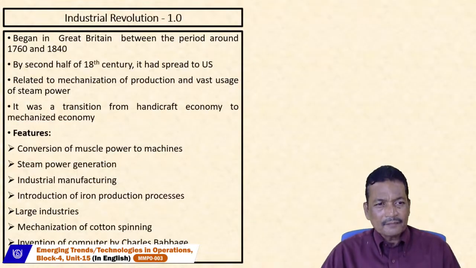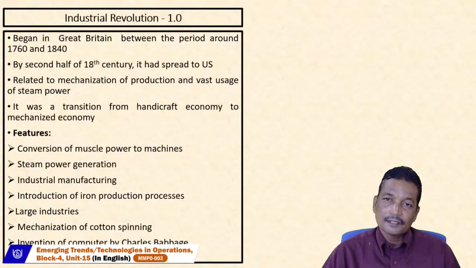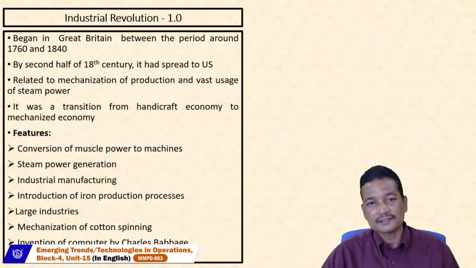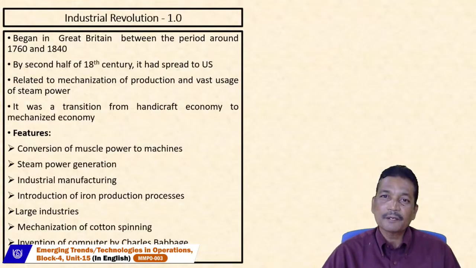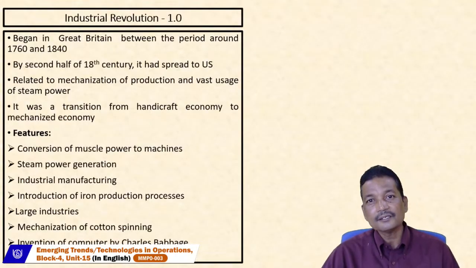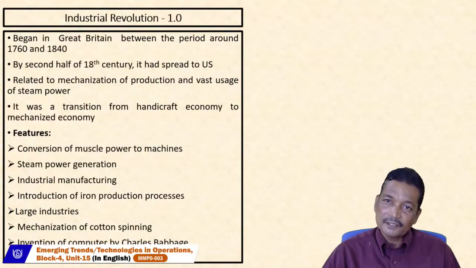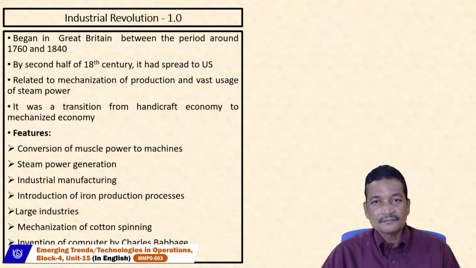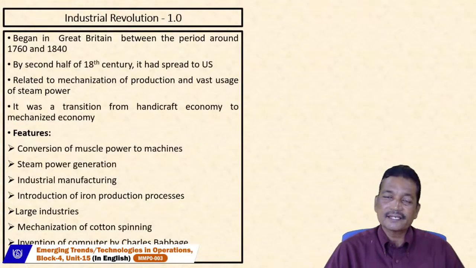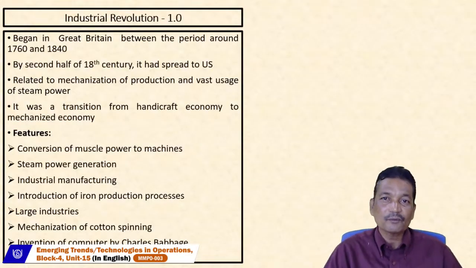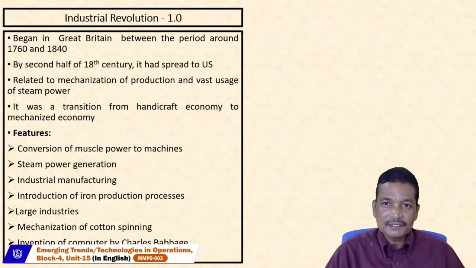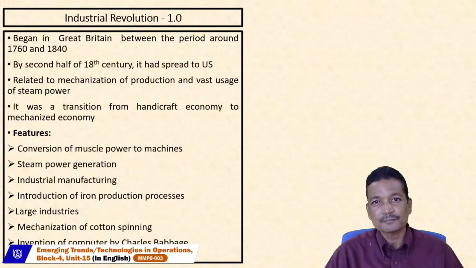What were the main features? Some of them we have tried together. You can add to that. Conversion of muscle power to machines. In a handicraft economy, muscle power was needed in many productions, but with the use of machines, the muscle power which was generated by individuals, and may differ from individual to individual or may suffer due to breakdown of an individual's body, was replaced.